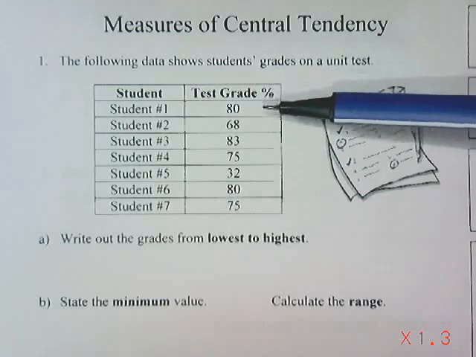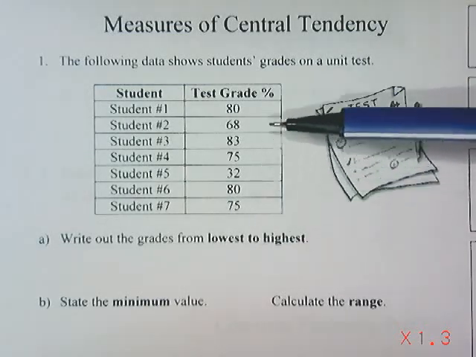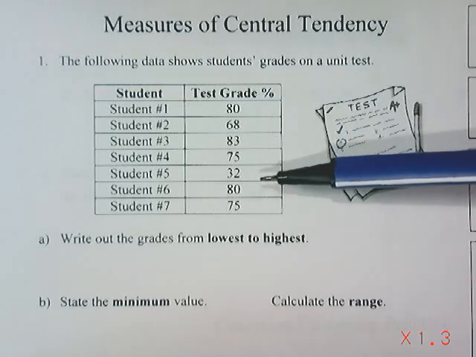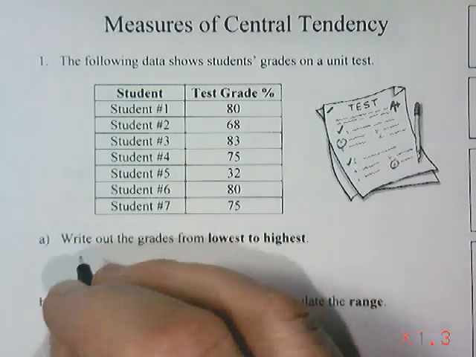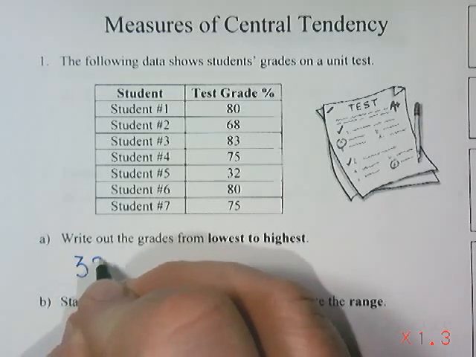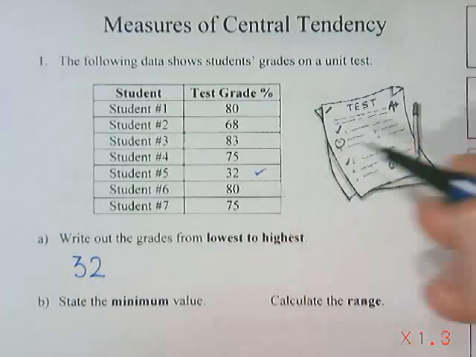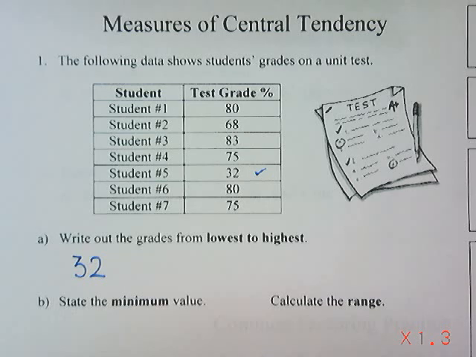So I like to look at the numbers, try to find my lowest, which I believe is 32, and I'm going to start by writing 32. I like to check them off as I go so that I don't miss any.